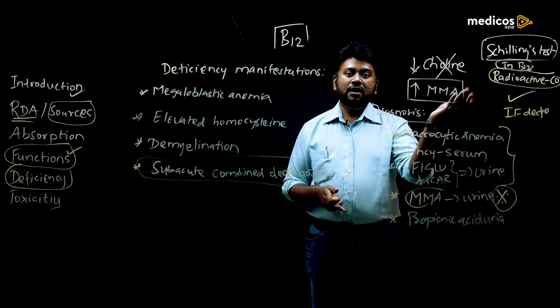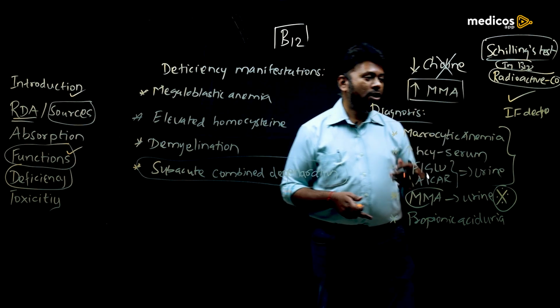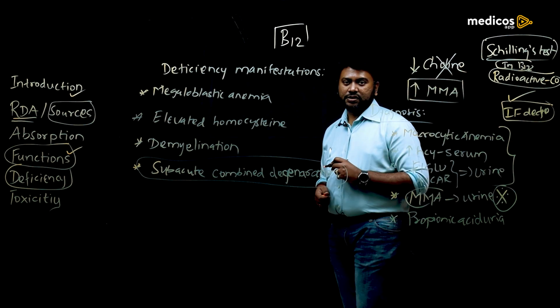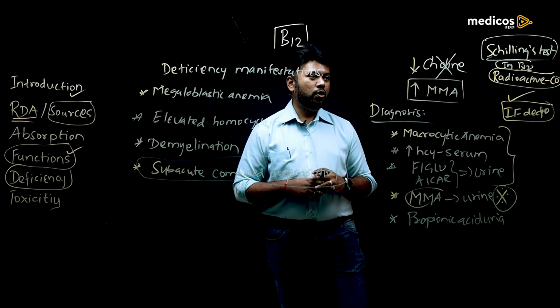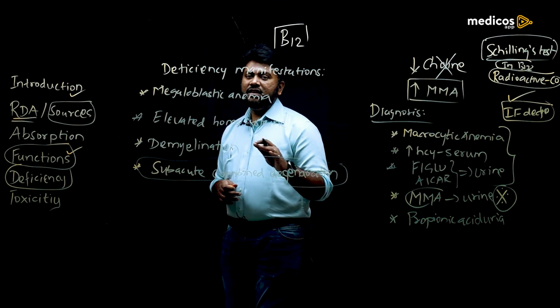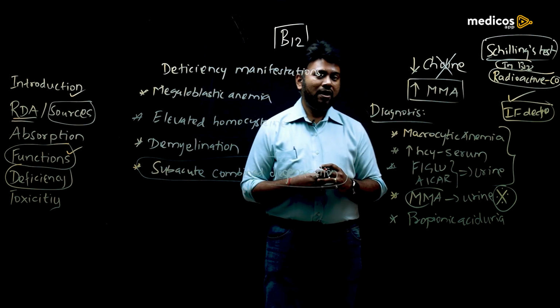Previously it was not there; now when you give it, it is absorbed and comes out in the urine. By that way we can confirm intrinsic factor deficiency. So this is how you can diagnose vitamin B12 deficiency. Regarding deficiency, you should know the causes, the manifestations and how to diagnose it.